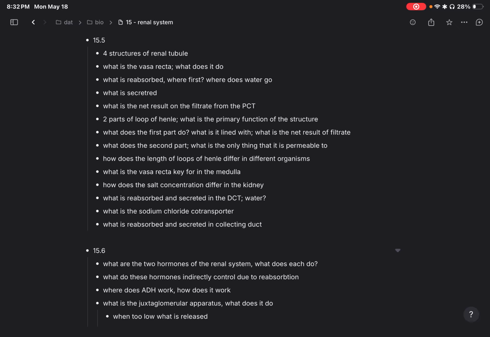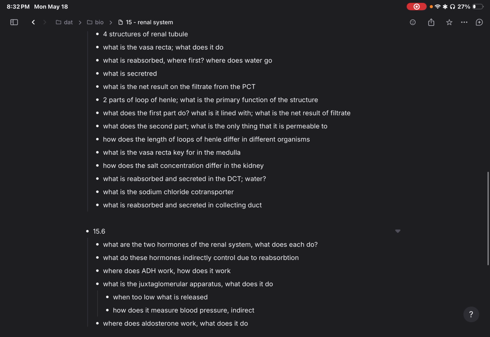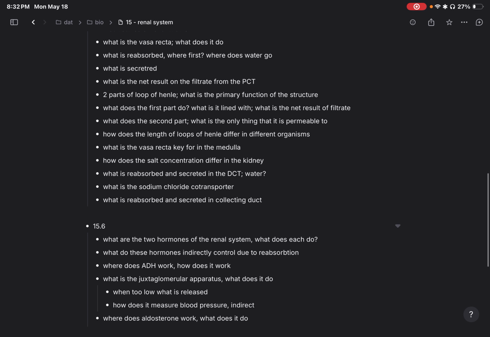Then drugs and toxins are getting secreted from the blood, urea, NH3, and H+. The net result of the filtrate from the PCT is the same concentration but a lower volume, because the water follows the solute, so it reduces the volume of the filtrate, but the concentration stays the same because it's still balanced.